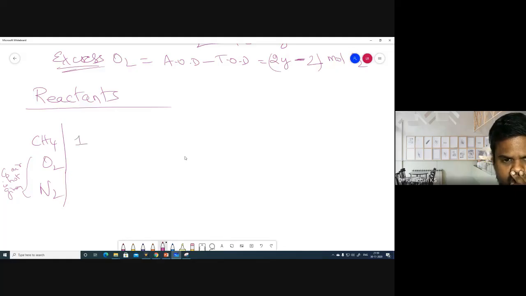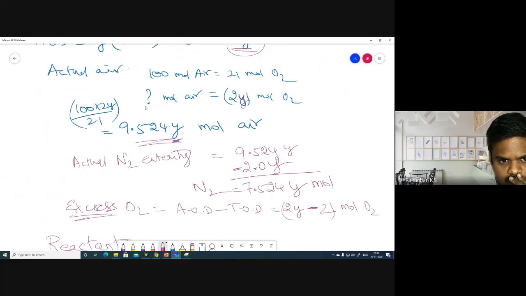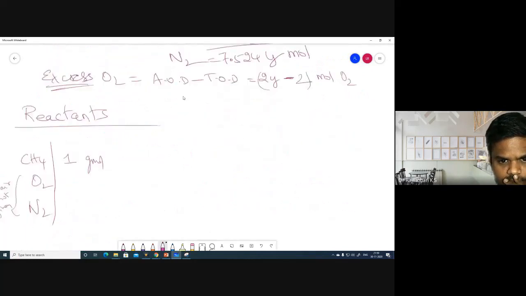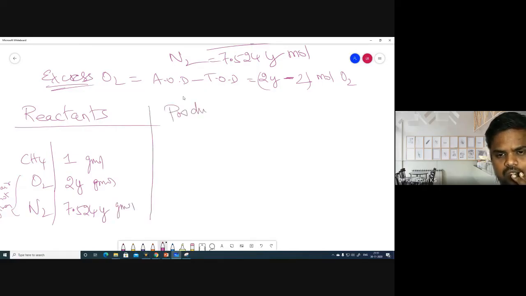So we know 1 gram mole. How much oxygen is entering? That is 2y moles, so actual oxygen entering is 2y moles. And how much nitrogen is entering? 7.524y gram moles. Now what is the product composition?